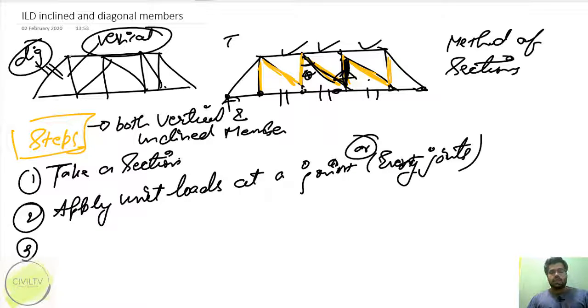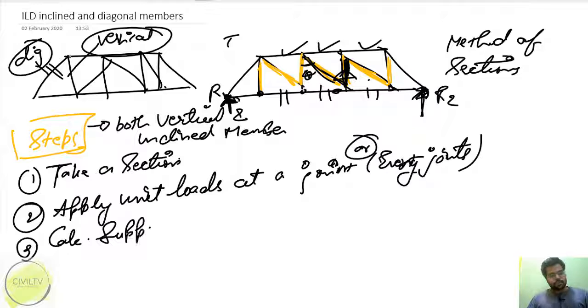I will calculate R1 and R2. This is reaction R1 and this is reaction R2. The truss will be loaded on a support, and the support will induce some reactions, so those reactions will be R1 and R2. So calculate the support reactions.